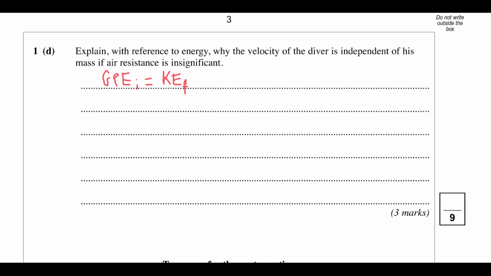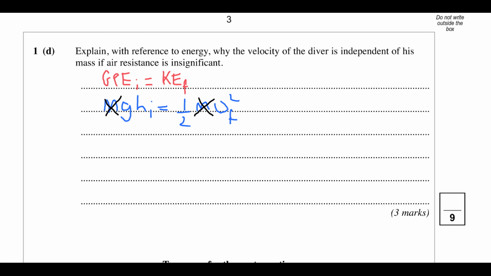So that's the general expression. So what that means is that mg times the initial height is half m times the final velocity squared. So you can see here mass will cancel out and have no effect on the final velocity.